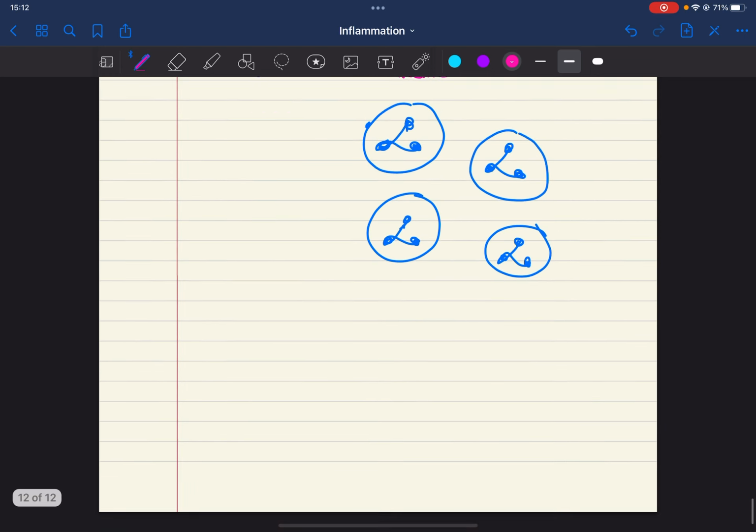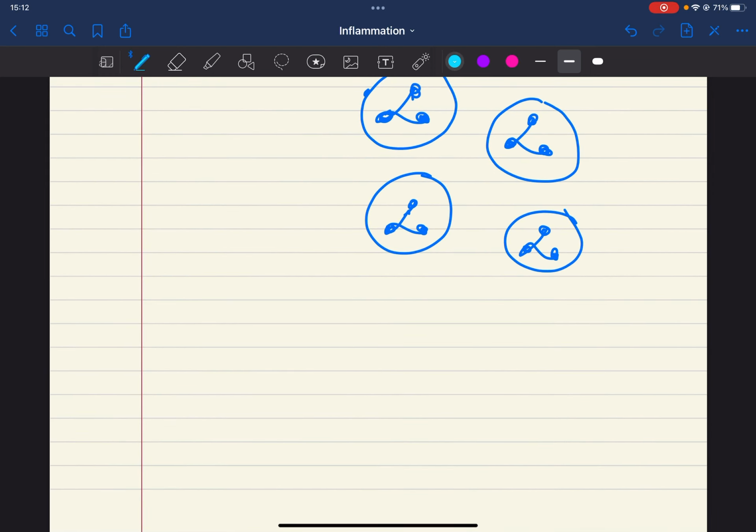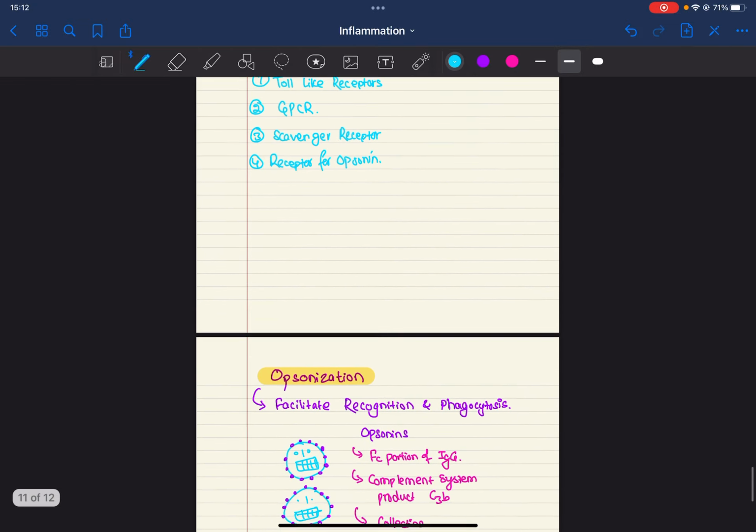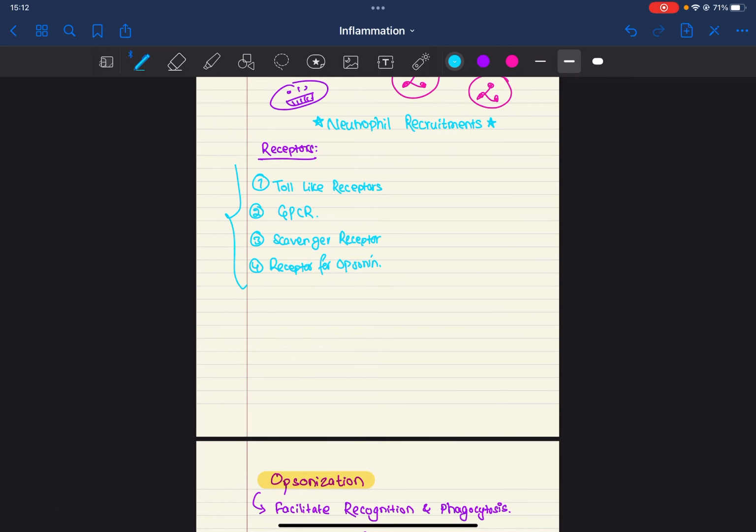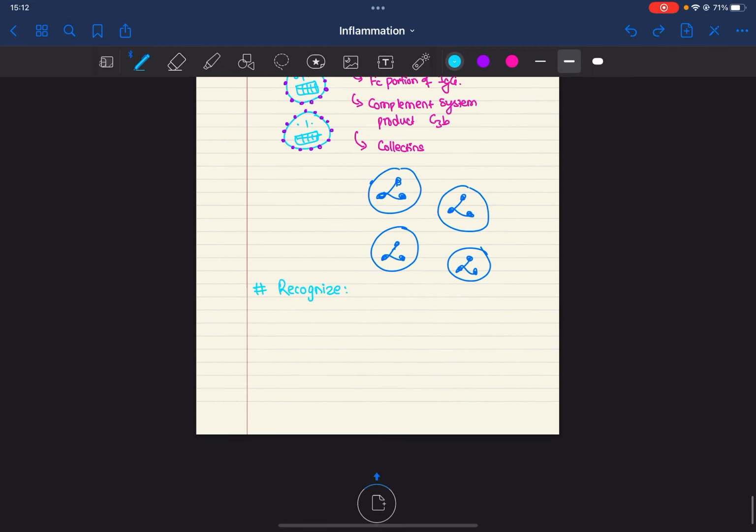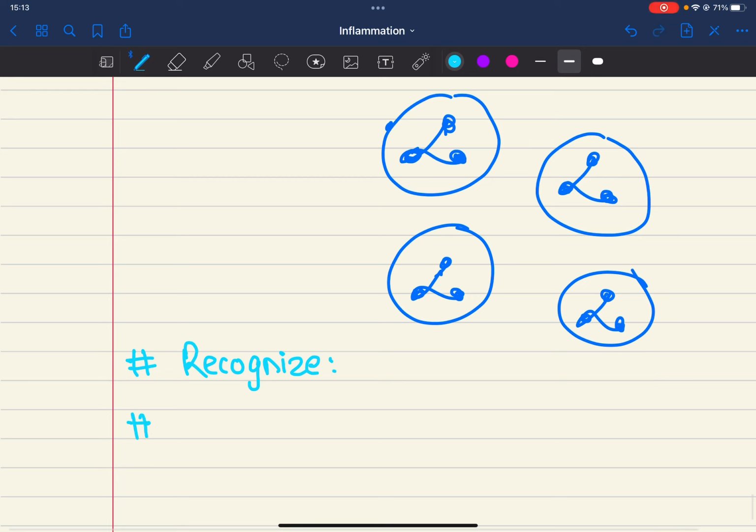Now there are three processes. First is recognition. We have already talked about recognition; they recognize by these receptors. Second one is engulfment. How do they engulf?